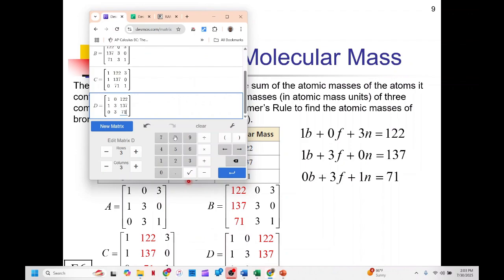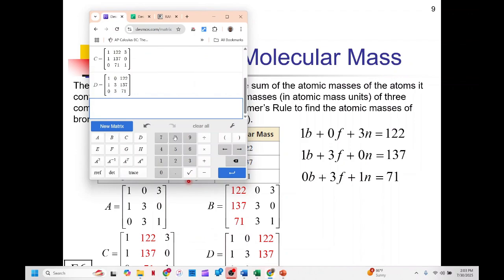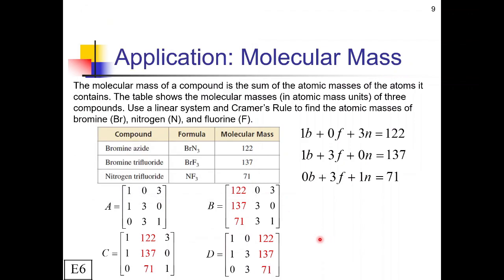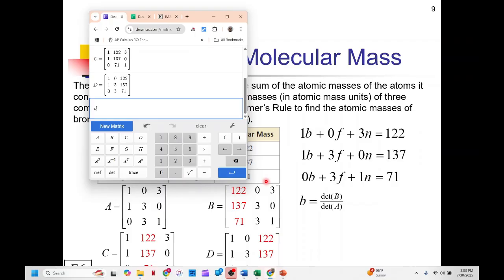All right, so now in order to find B, that's determinant of B over determinant of A. So determinant of B divided by determinant of A gives us 80 atomic mass units.